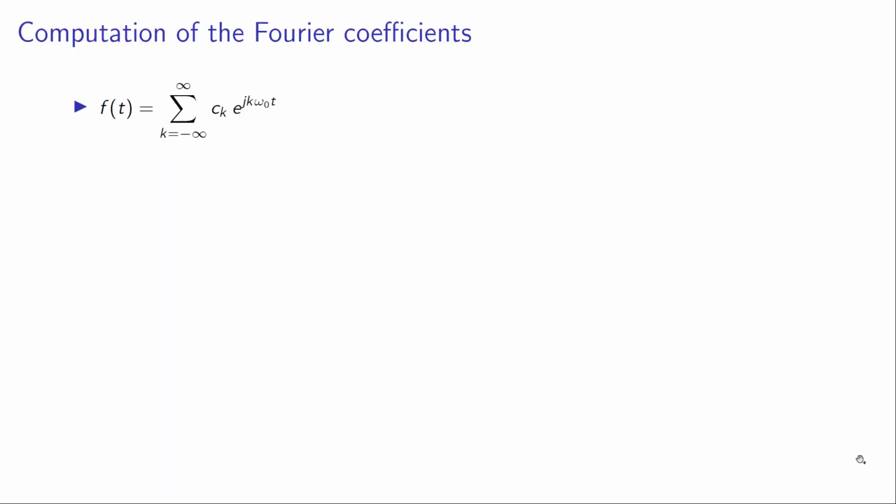And finally, it's time to go for the computation of the Fourier coefficients, and to do that we'll use the exponential form of the Fourier series that you can also write like so. Let us have a look at this function, and in here we have this parameter c0, and in the first animation we have used this c0 to shift the function. So this c0 must be the average of the function over a period.